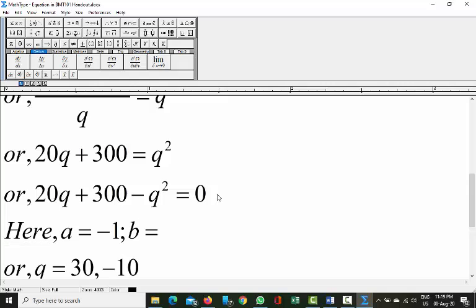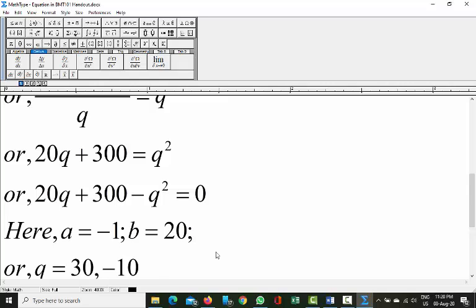That means minus 1 is A. B is the coefficient of the variable without the power. So here this is B, and B is equal to 20.